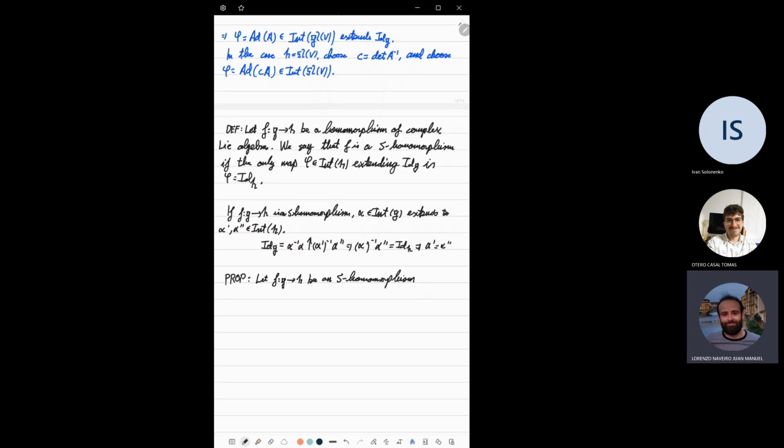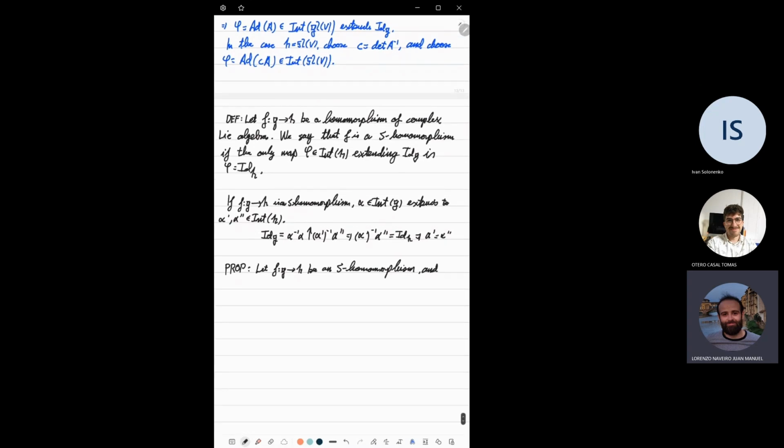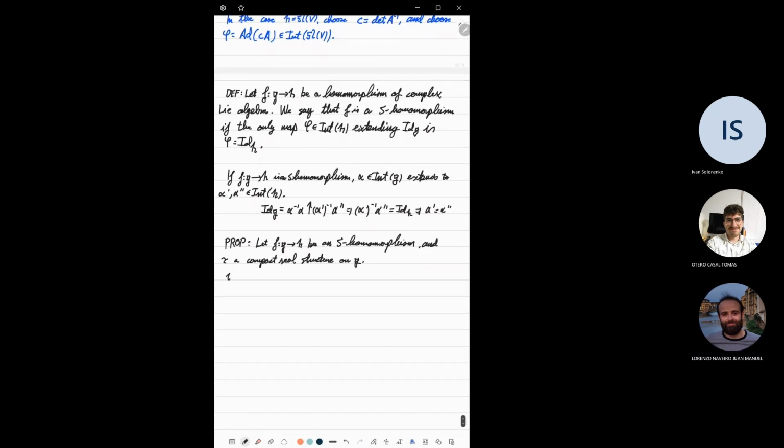And suppose that, let's start with compact real structures. So suppose that tau is a compact real structure in G. Then we knew that we can extend tau to a compact real structure on H, and in the setting of S homomorphism, there is only one way to extend tau.